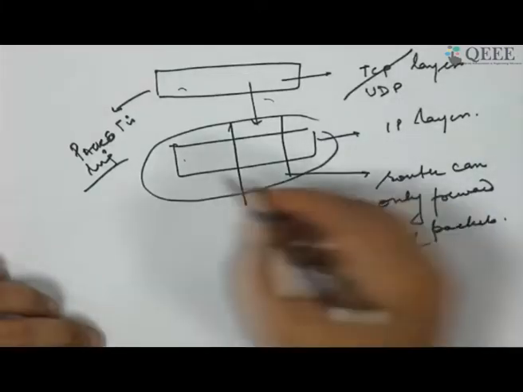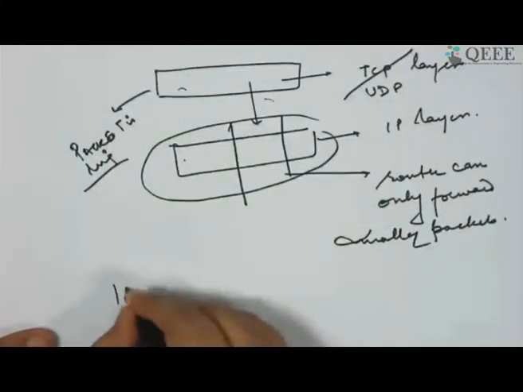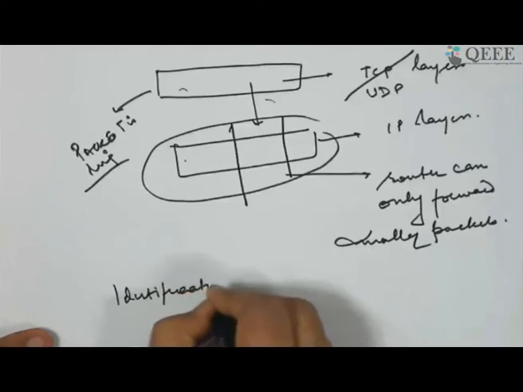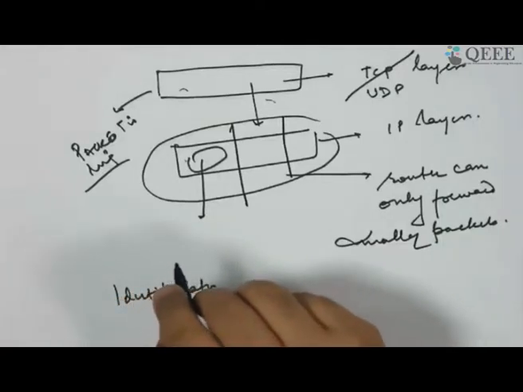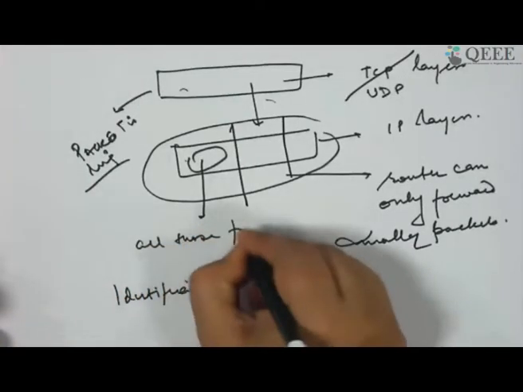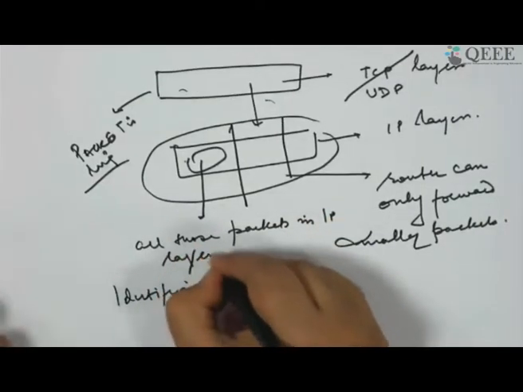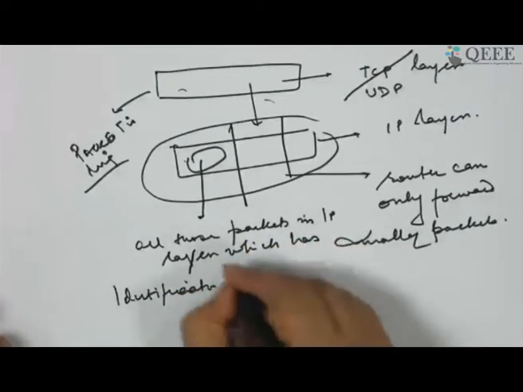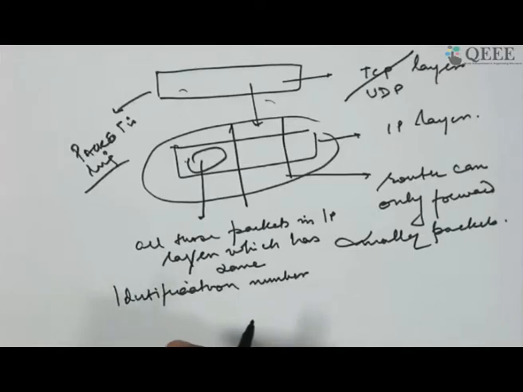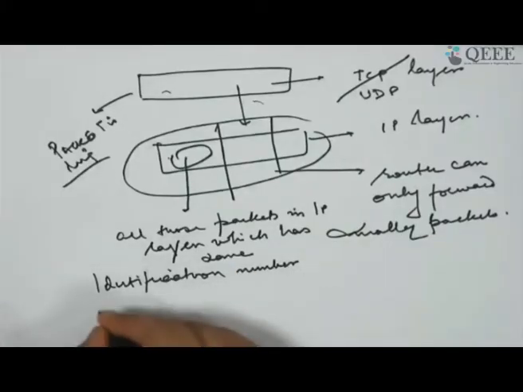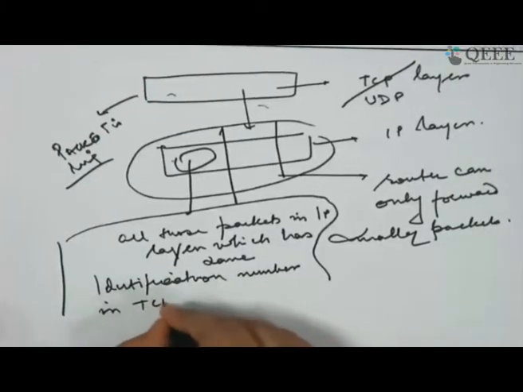This can happen. And so this identification field tells that all those packets in the IP layer which have the same identification number are actually part of the same packet in the TCP layer.